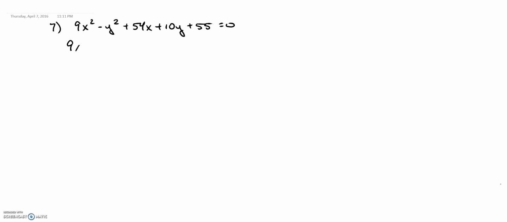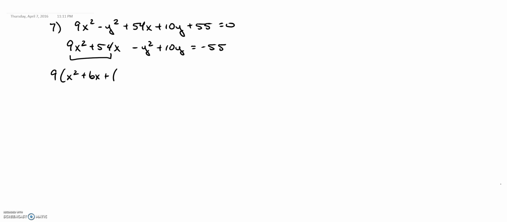Again, complete the square. 9x squared plus 54x minus y squared plus 10y is equal to negative 55. Factor out the 9. So 9 times (x squared plus 6x plus 6 over 2 squared). Gotta factor out the negative 1.